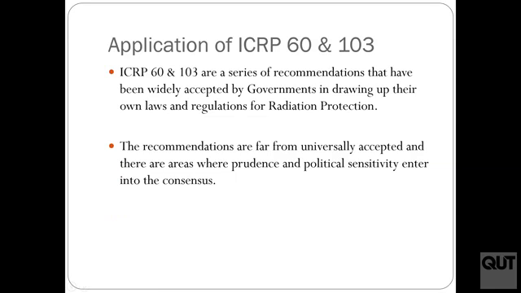So ICRP 60 and 103, a series of recommendations that's been fairly widely accepted by governments in drawing up their own laws and regulations, but they're not always universally accepted. Some countries are slow, some are politically sensitive, and so don't enter into the consensus very quickly.